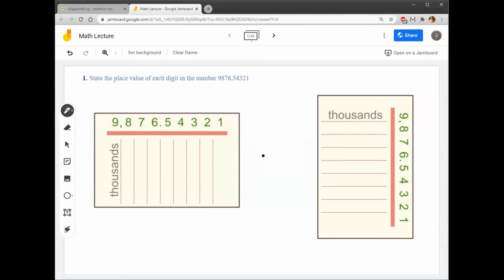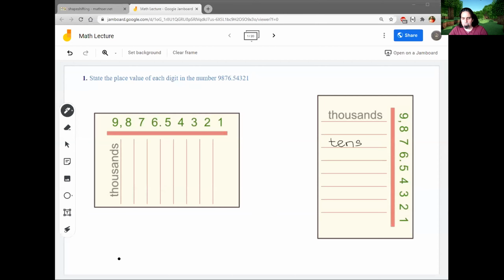For some reason, I'm only seeing the top of the page. You're only seeing the top of the page. Yeah, all I see is set background and clear frame. I don't know. I can stop my share and restart. Does that fix it for you? No, but let me try and fix it on here. I'm trying to look at the Zoom and look at the shape shifting, whatever that is.